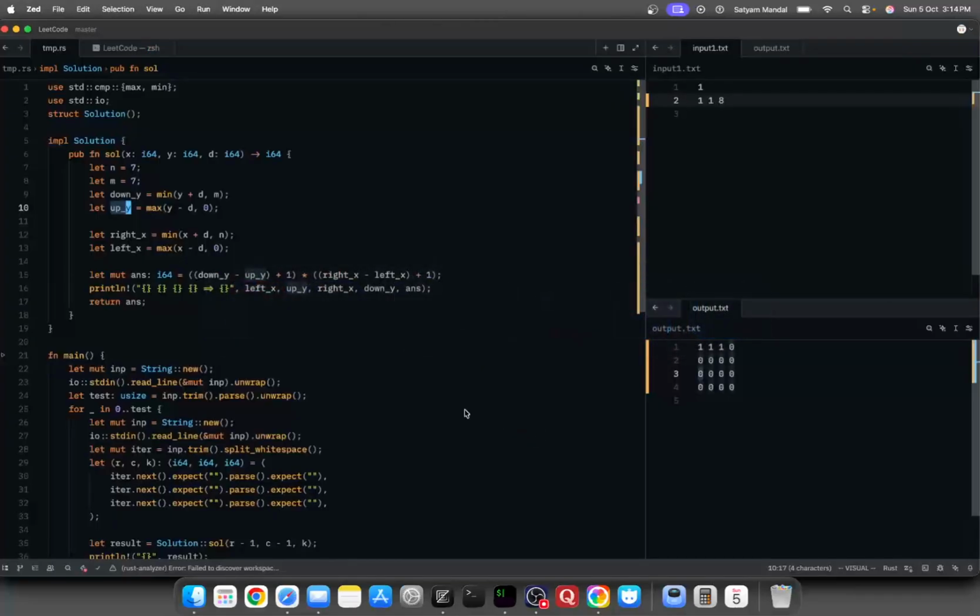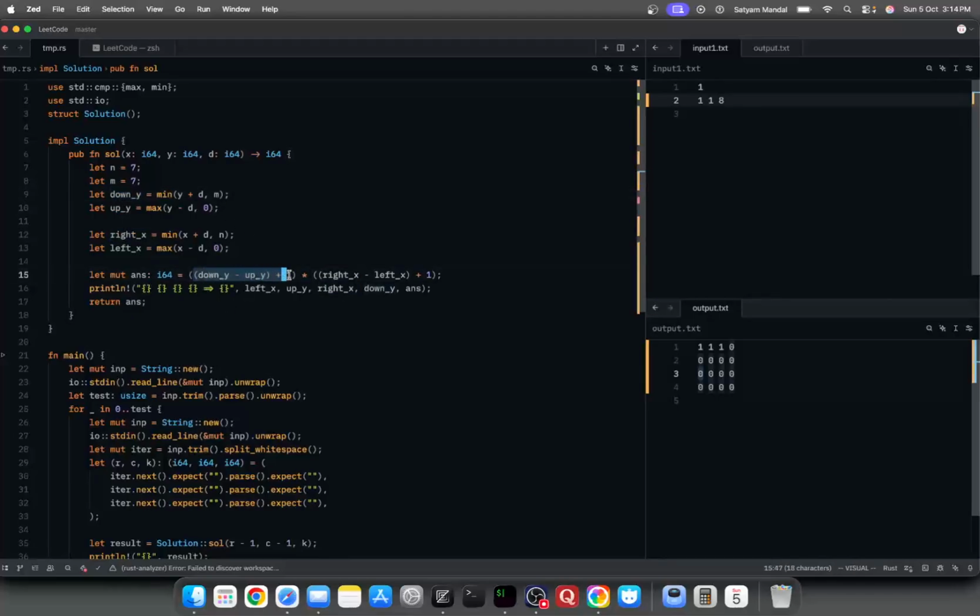So I will show you how I implemented this. As I told you, I calculated this upper x and upper y. Upper x is this one, upper y is this one, and lower x and lower y is this one.